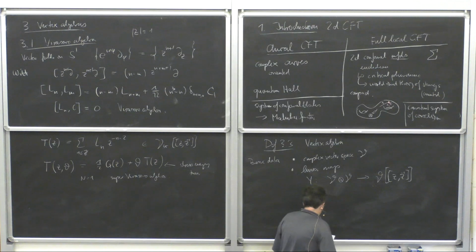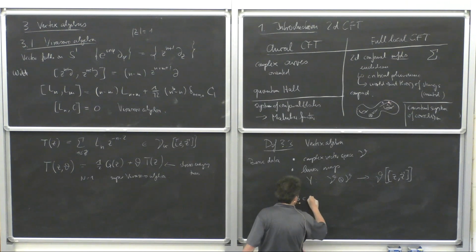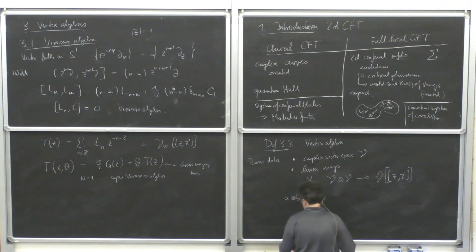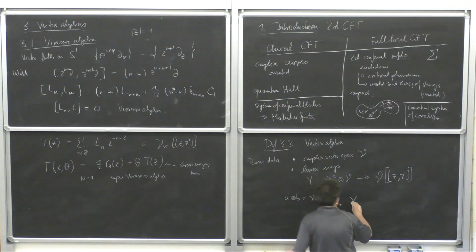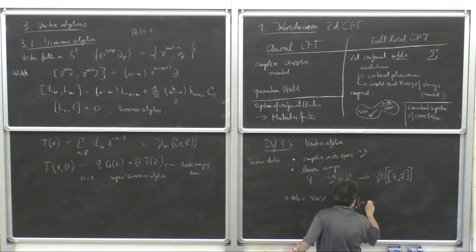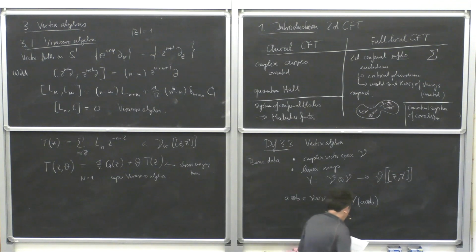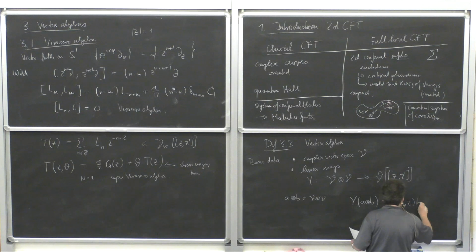So what does it mean? If I take a tensor A, tensor B, in V tensor V, then if I'm evaluating this field map on A tensor B, this is something one frequently also writes as Y(A, z)B.